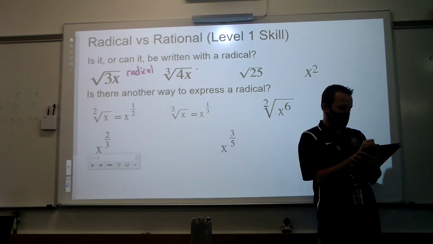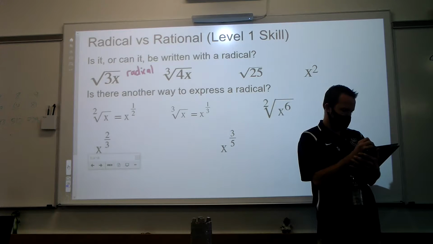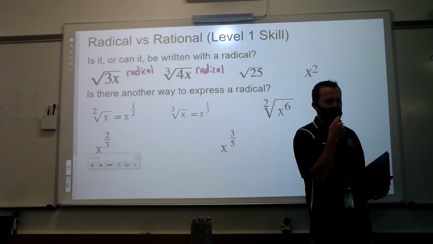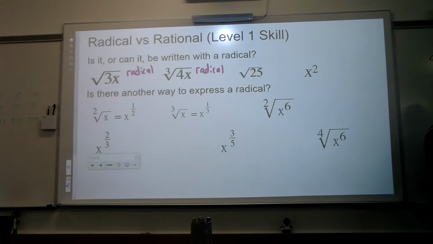Yeah. So we write radical. Okay, help me out on this one, Skylar. Square root of 25 is 5. I simplify that. Is there a radical on it now? So what do we write instead? There we go, rational.